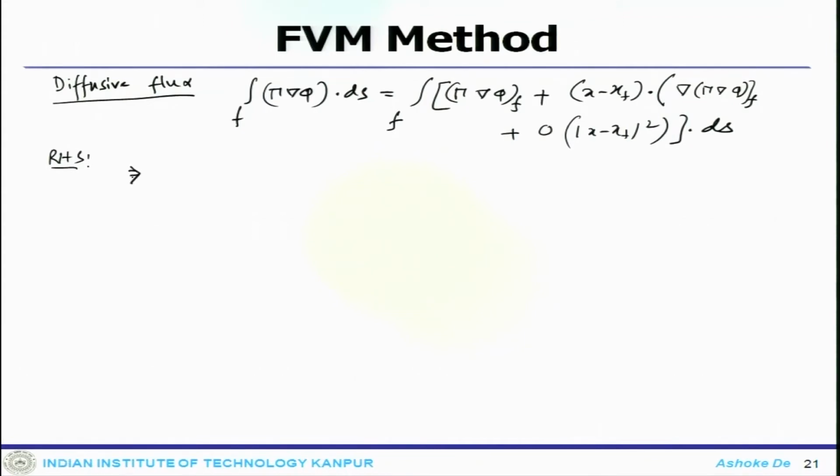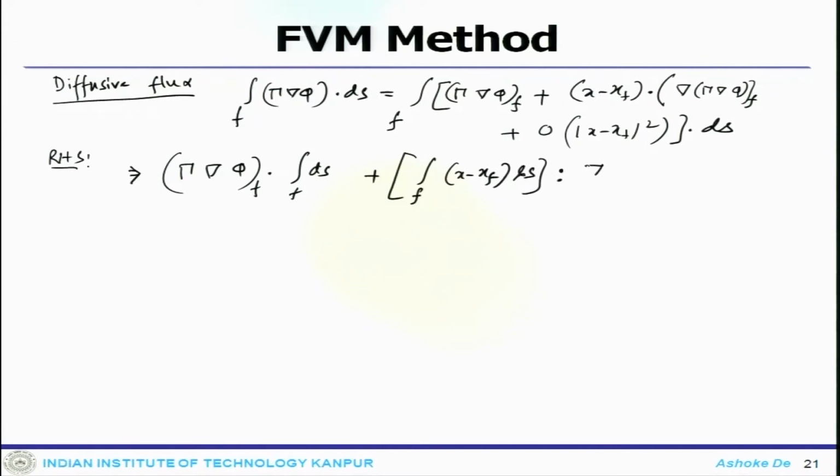So, the first term will get you back the gamma del phi f dot f ds plus f x minus x f ds dot product of the tensor delta gamma delta phi plus order of x minus x f square.